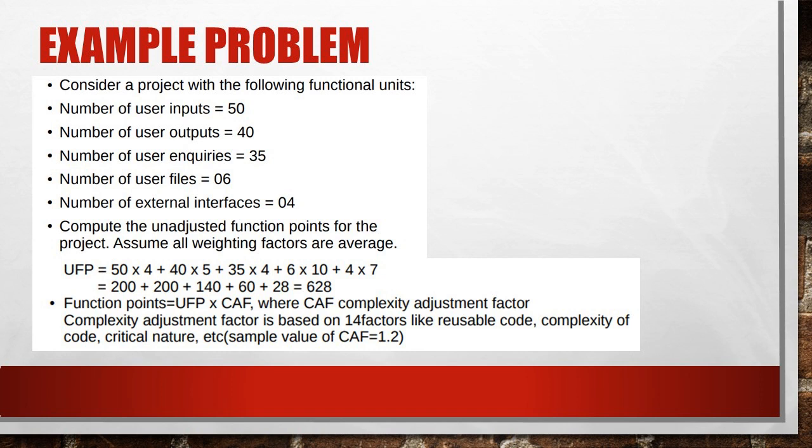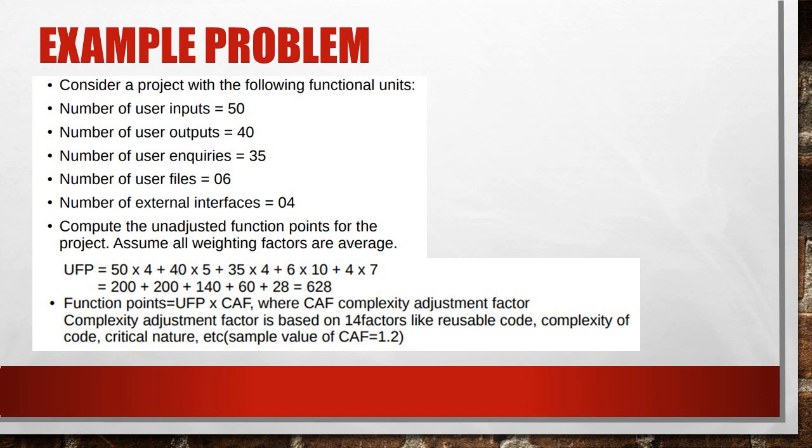To get function point, we have to multiply unadjusted function point with the complexity adjustment factor. So actual function point is computed by multiplying UFP with CAF. Sometimes the value of CAF can be 1, sometimes it can be 1.2.